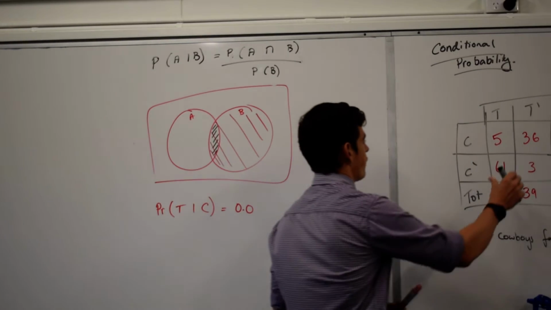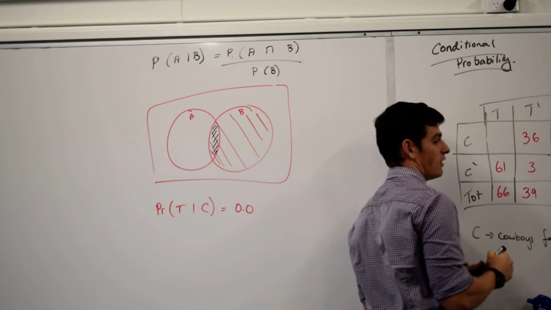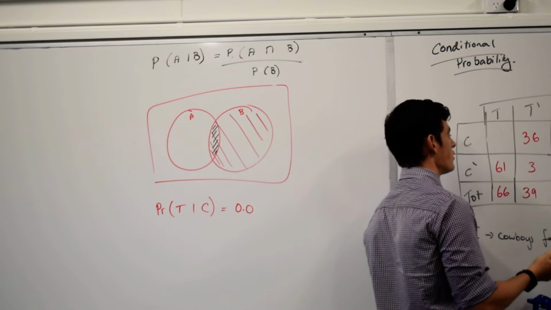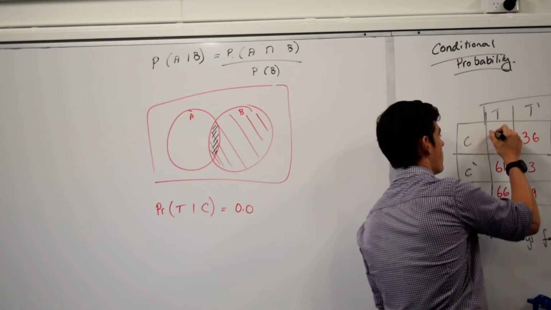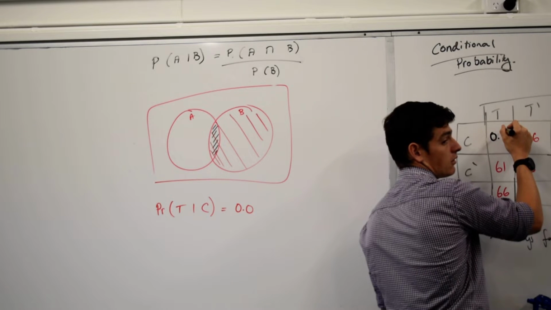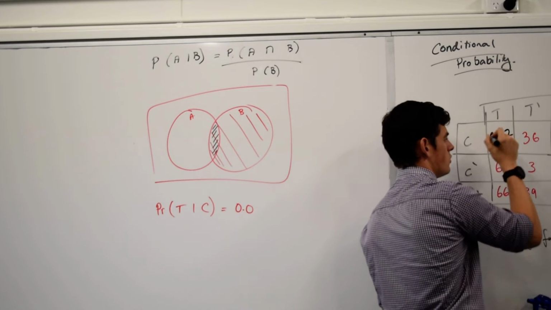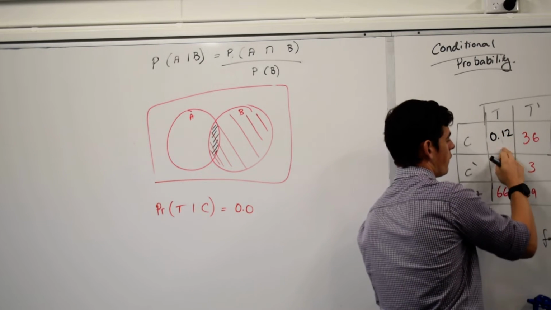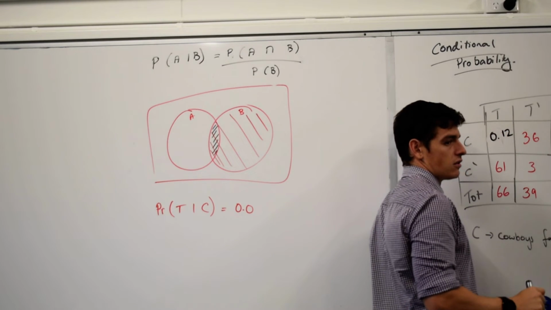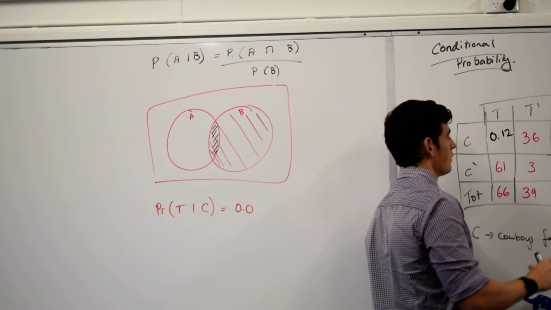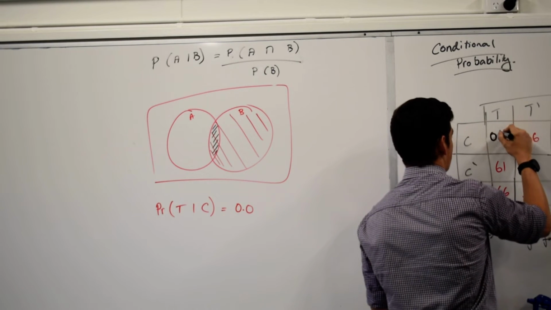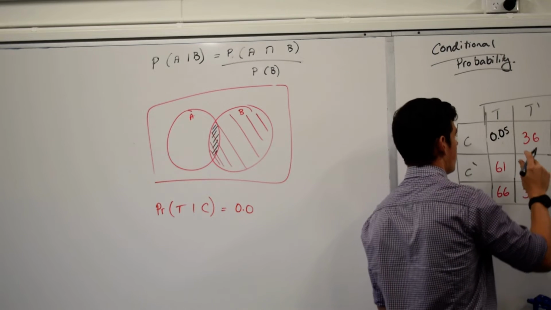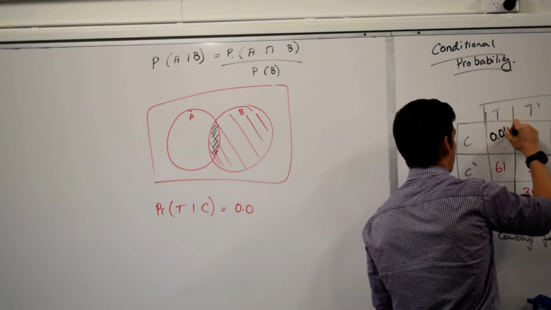Just fill my table out. What's this number? It's no longer 5, it's now 0.12? No. 5 divided by 105 is 0.12. It's 0.05. 0.04. Thank you. 0.047, that sounds better.